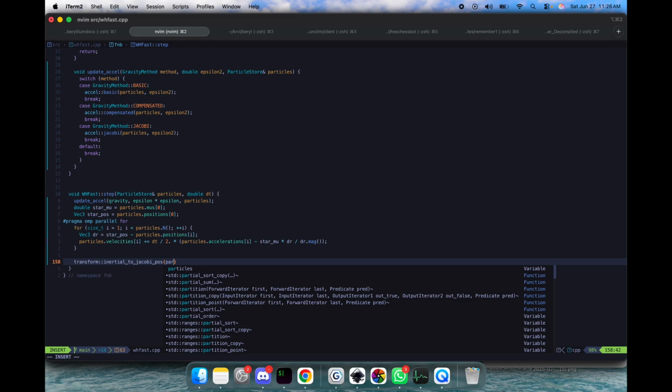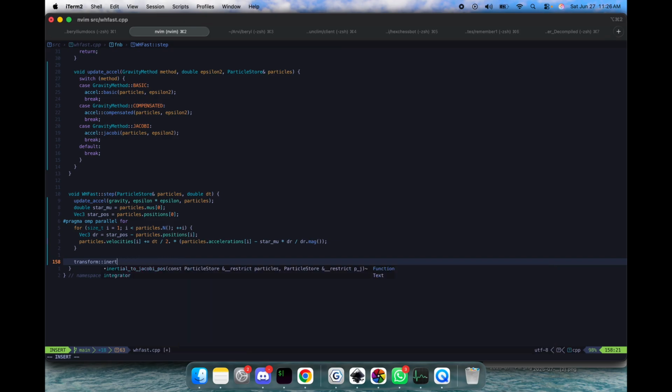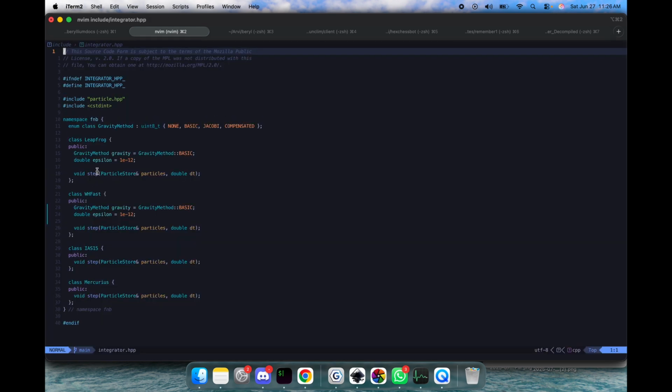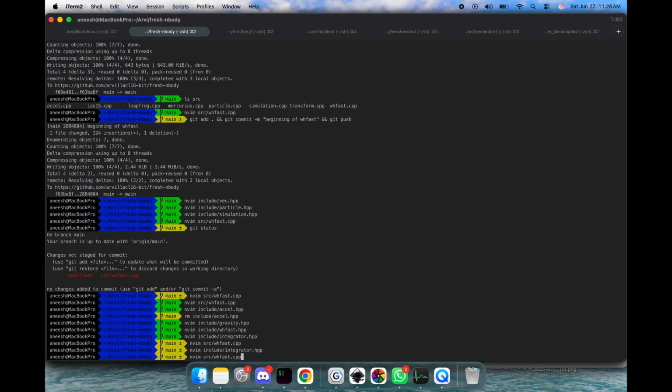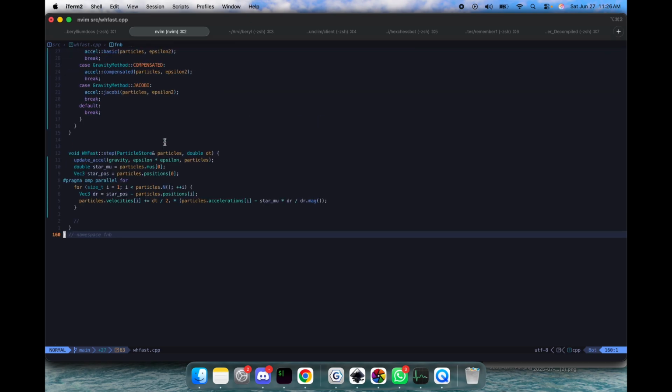Oh yeah, right. We need a dummy. Right, we need a dummy thing to throw it in there. Okay, I think you're gonna need another one. Particle store PJ. Okay. Now the problem with that is they're gonna have to initialize it to the size of the particles. That's gonna be a mess.